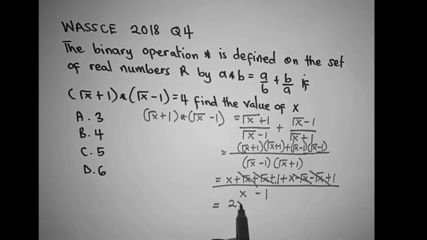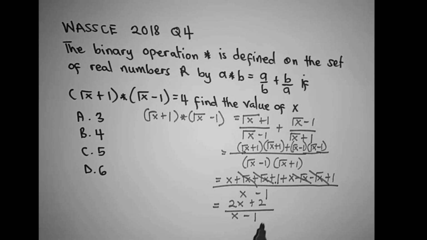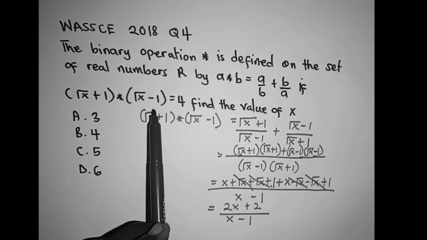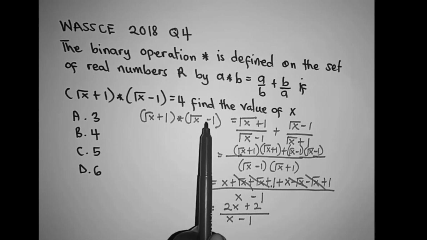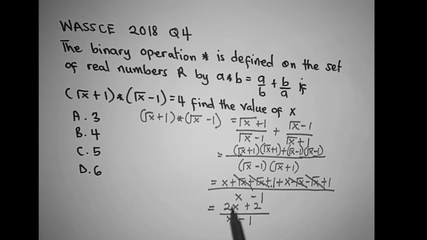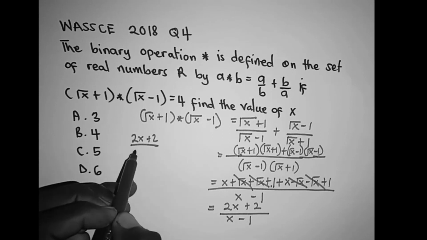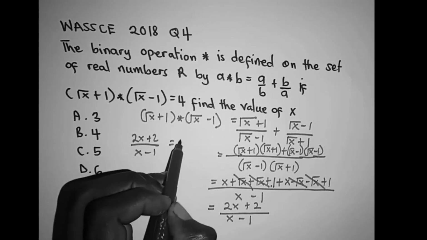So we are left with 2x plus 2 divided by x minus 1. And then the question is saying that this is supposed to be equal to 4. So we will then take this answer and equate it to 4. So 2x plus 2 divided by x minus 1 equals 4.